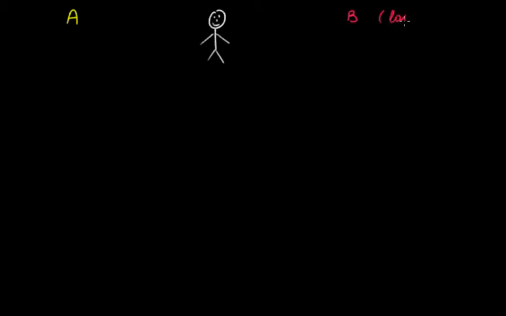Every time you sell item B, you'll make some loss because it's old stock, and you have to clear it off. Okay, and every time you'll sell item A, you'll make a profit.